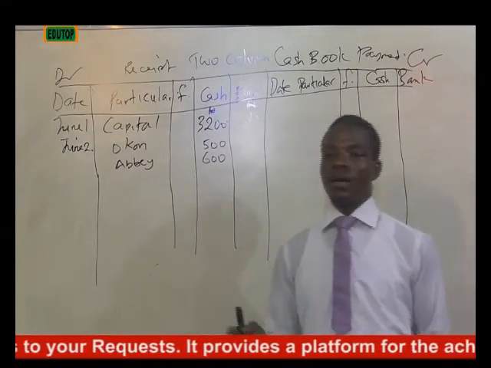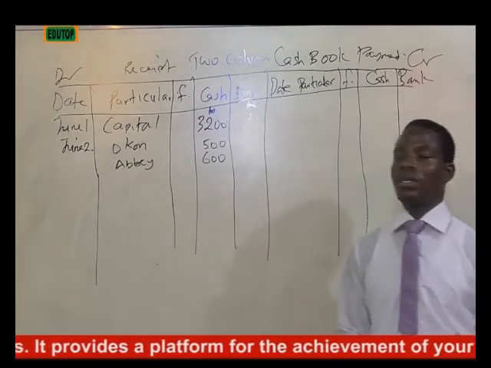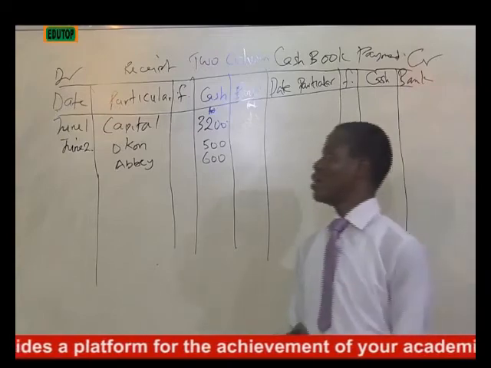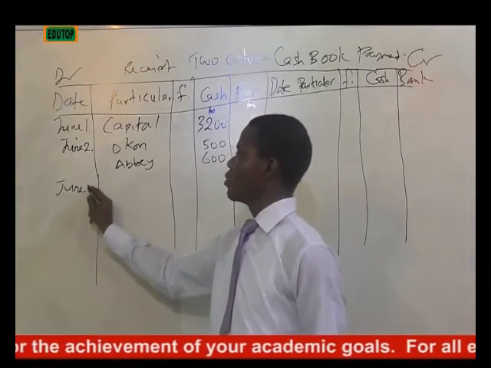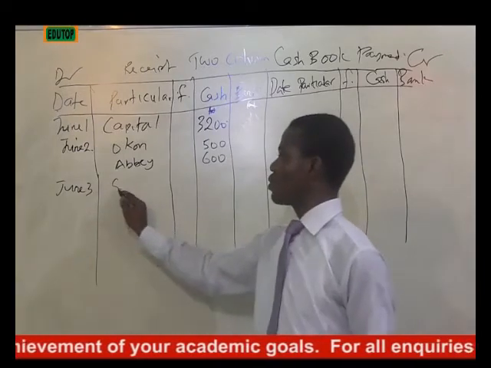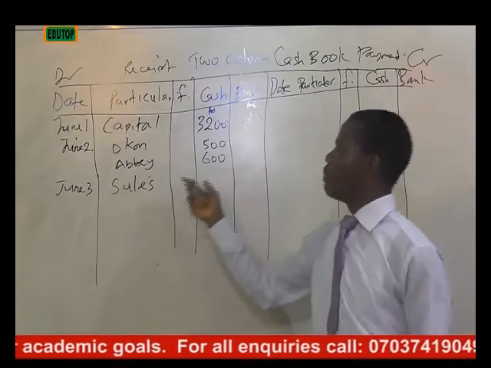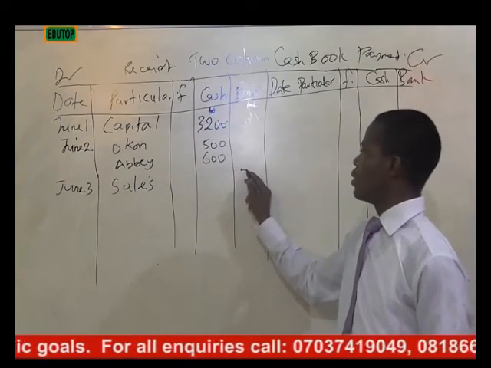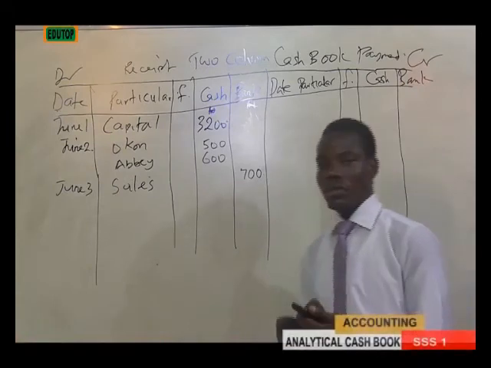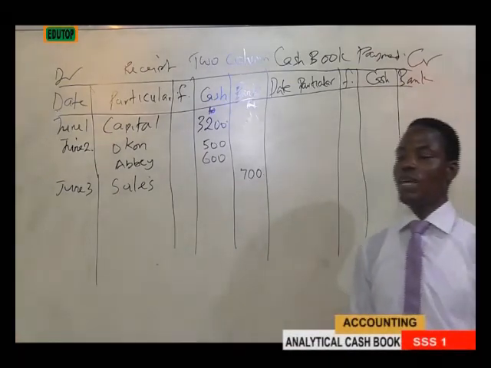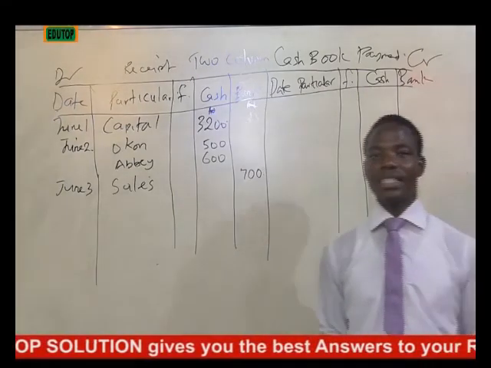Cash sales paid directly into the bank, which is 700 naira. Now here, it is a sales that has been made. So June 3, you make a sales and it is paid into the bank. You know, when you make a cash sales, money comes into the account.